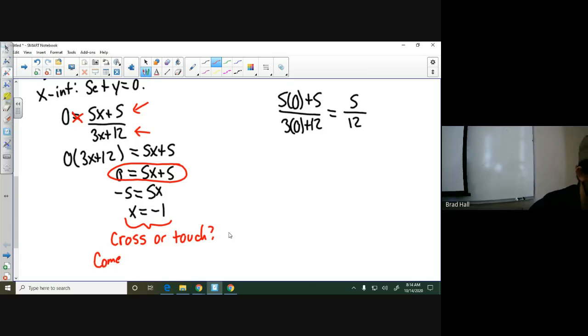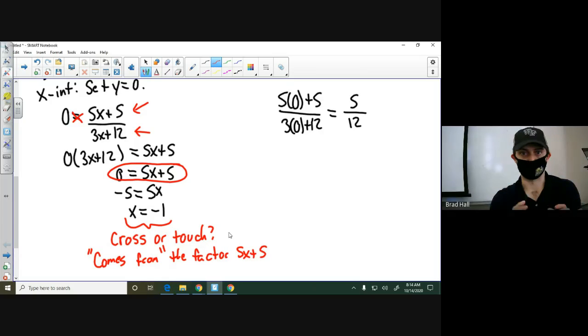So this comes from the factor 5x plus 5. Now that whole factor, what exponent is that factor being raised to? Well, you might think there isn't an exponent, and you're exactly right.